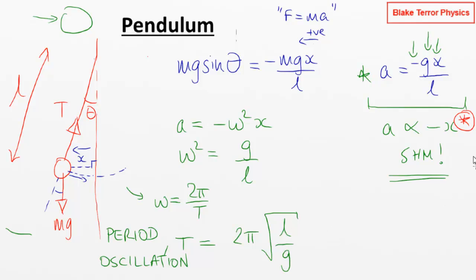Now, we do have to come back to this asterisk. In SHM, we have spotted here that acceleration is proportional to the negative of the displacement, but it's not quite. There's a little bit of a fudge that I've snuck in, that they're not measured in exactly the same direction. x was measured horizontally off to the left.